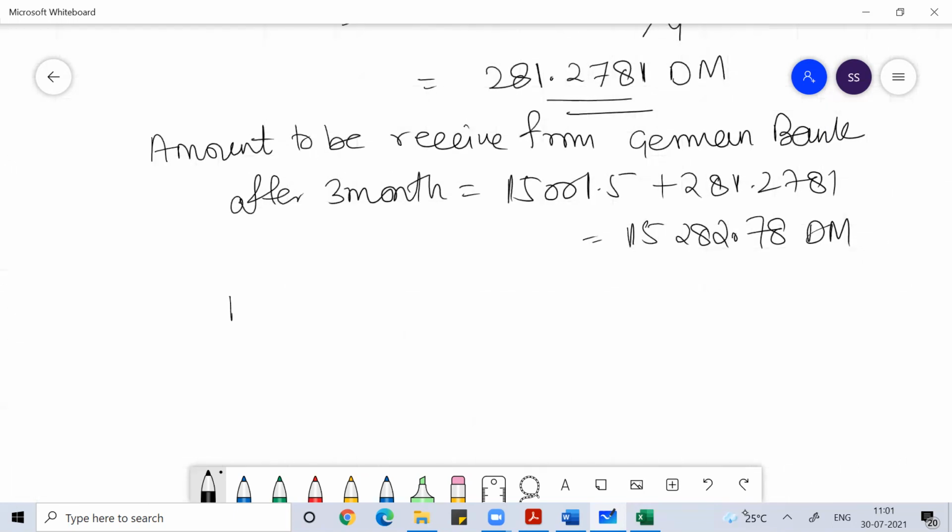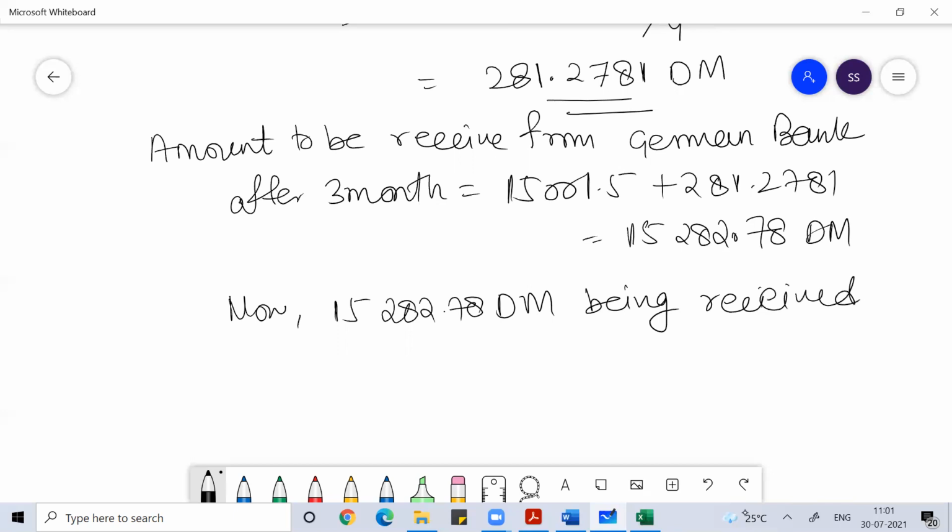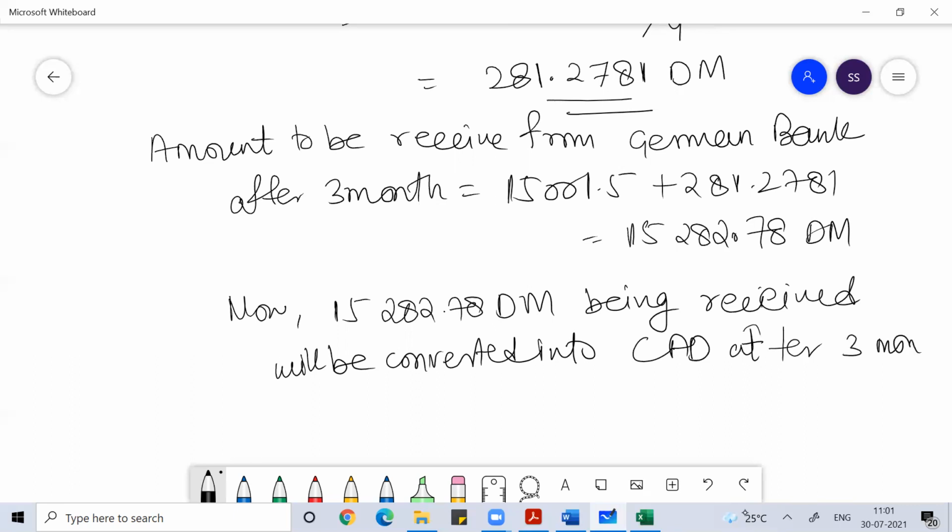So now 15,282.78 Deutsche Mark, which is being received, will be converted into Canadian dollar after 3 months.